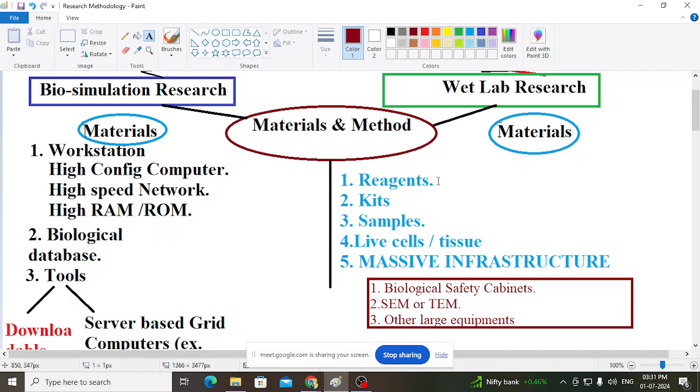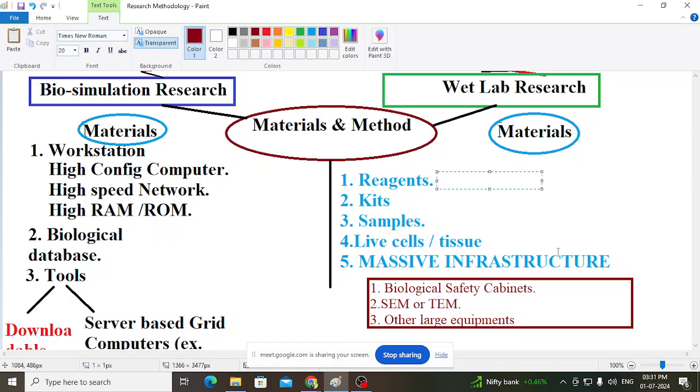For example, consider that you will be doing identification of a protein in a localized tissue. Then you must have fluorescent tagged antibodies which will be used to identify specific types of cells, which are nothing but monoclonal antibodies, very costly.